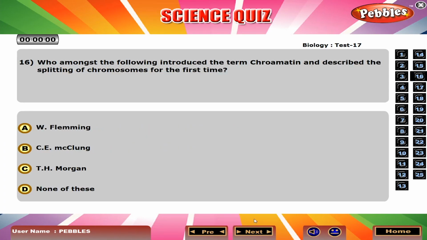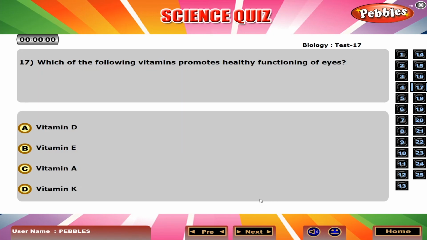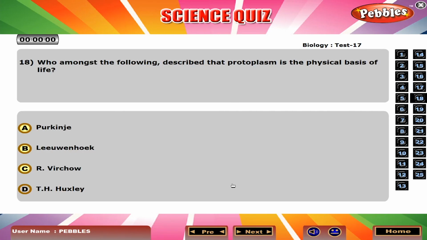Who amongst the following introduced the term chromatin and described the splitting of chromosomes for the first time? A. W. Fleming. Which of the following vitamins promotes healthy functioning of eyes? C. Vitamin A. Who amongst the following described that protoplasm is the physical basis of life?